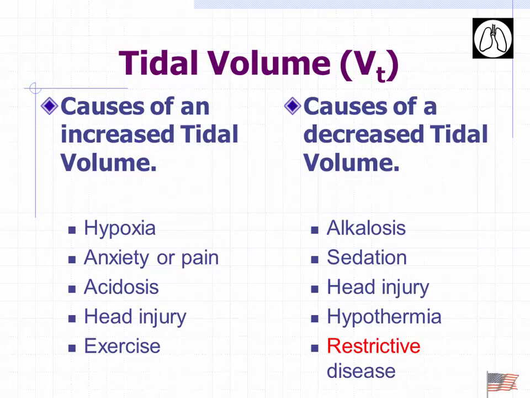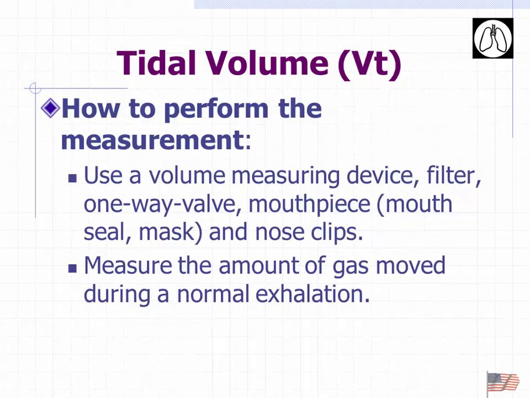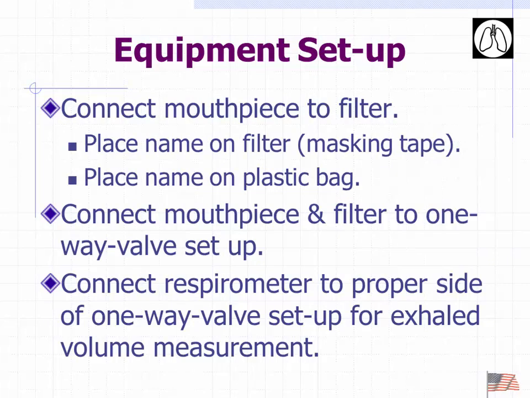Reasons why tidal volume would go up or down, and again, head injuries are on both sides of the track. We're going to measure tidal volume using a volume measuring device, a one-way valve system, and a mouthpiece, and we're going to measure the amount of gas that is moved. Connect the mouthpiece to a filter, and the filter to the one-way valve system.